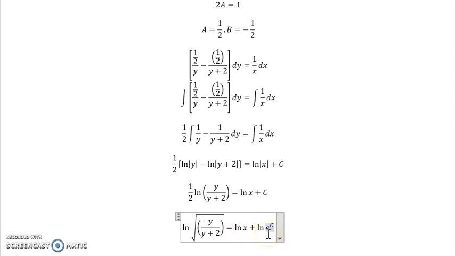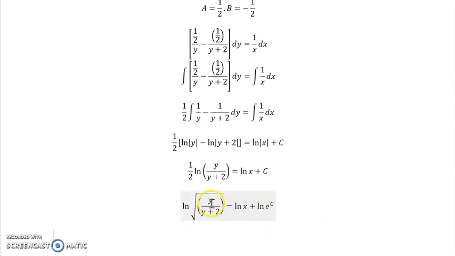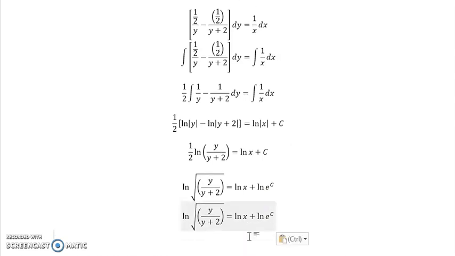E to the c is just some other constant, so I'll call it, let's say, d. And so when I combine these two log expressions, I will multiply by d.